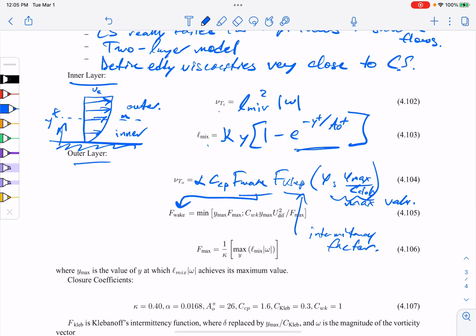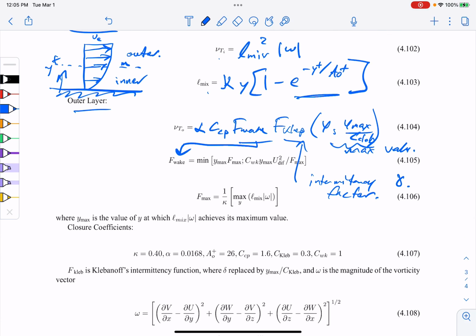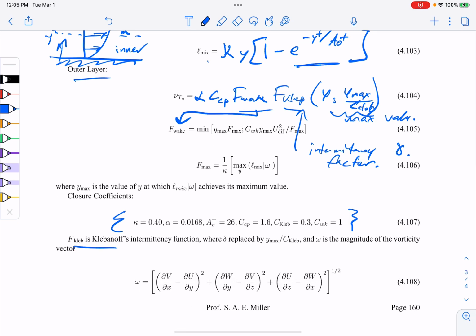Just like before, in the outer part of the boundary layer, we have intermittency gamma, which might vary between 0 and 1. And you have a bunch of closure coefficients. These are what I believe he published, and we'll look at his paper in a few minutes. I've already mentioned that this is the intermittency factor, and he just took Cebeci-Smith's model and made a few little modifications.